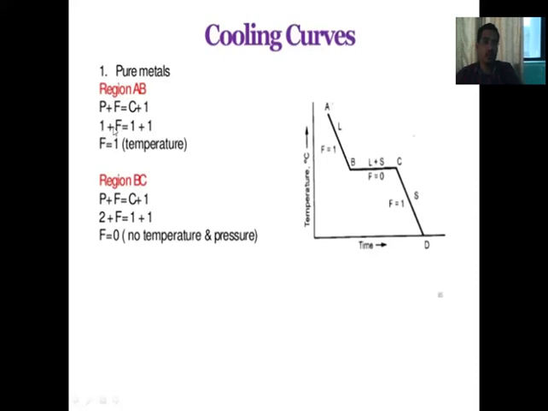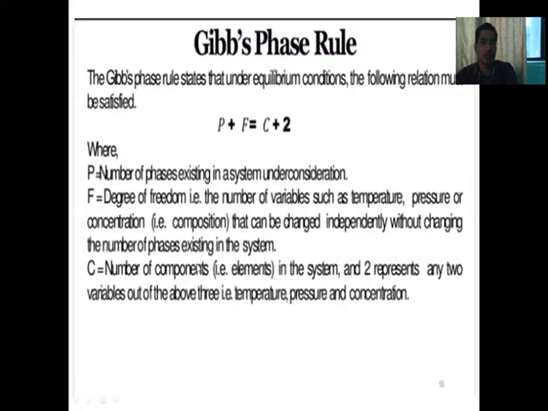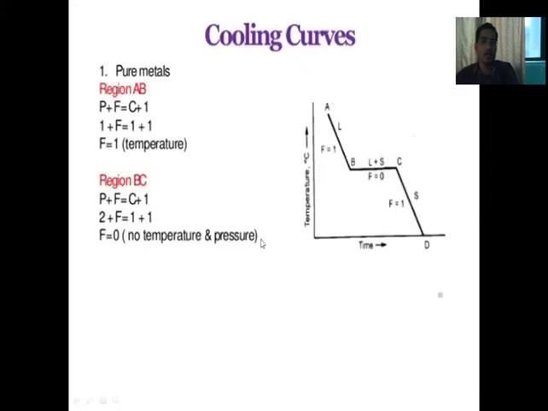Then we have to calculate F. Next is C, the number of components in the system. For this curve, the number of components C is equal to 1, and the 1 remains as it is.